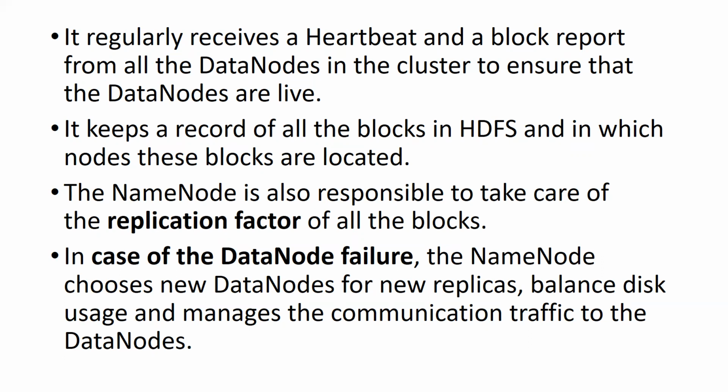That is called the replication factor. In case of data node failure, the name node will choose a new data node for a new replica. For example, if data node 1 fails, automatically the name node will use its metadata to find which other data node has the same block replica. So it is easier for data recovery.